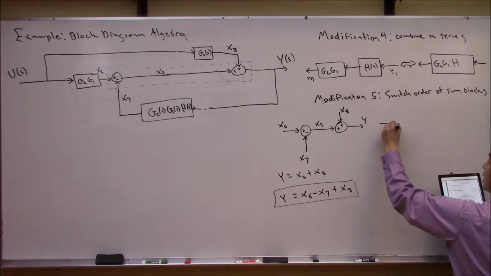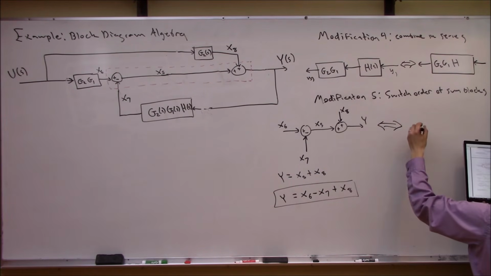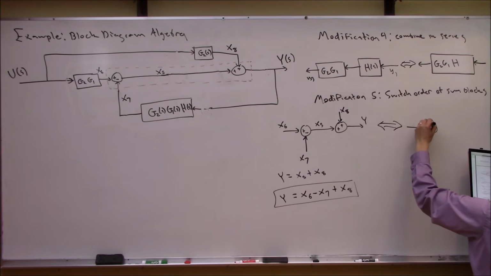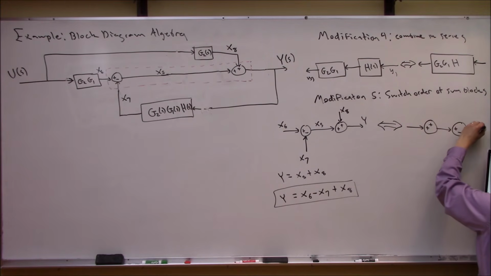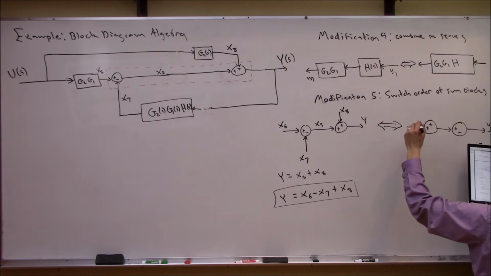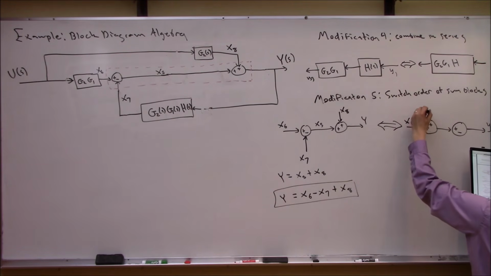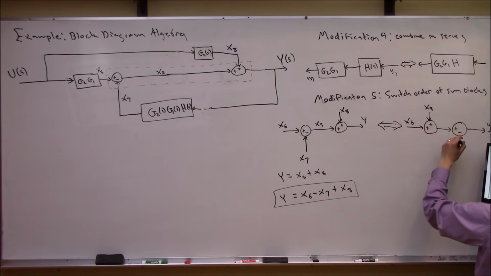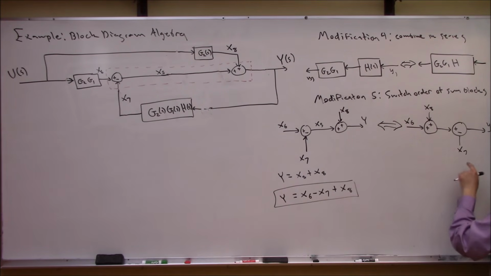But I think you'll see that it doesn't matter if I switch the order of these blocks to look something like this: plus, plus, plus, minus, here's y, here's x6 coming in on the other side, and then I've got x8 here, and then x7 here. If I just switch the order, it actually doesn't matter. So let's double check that.